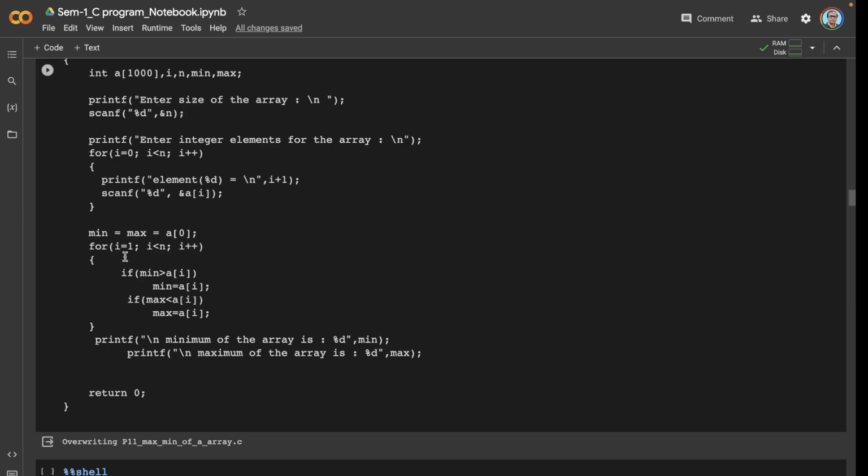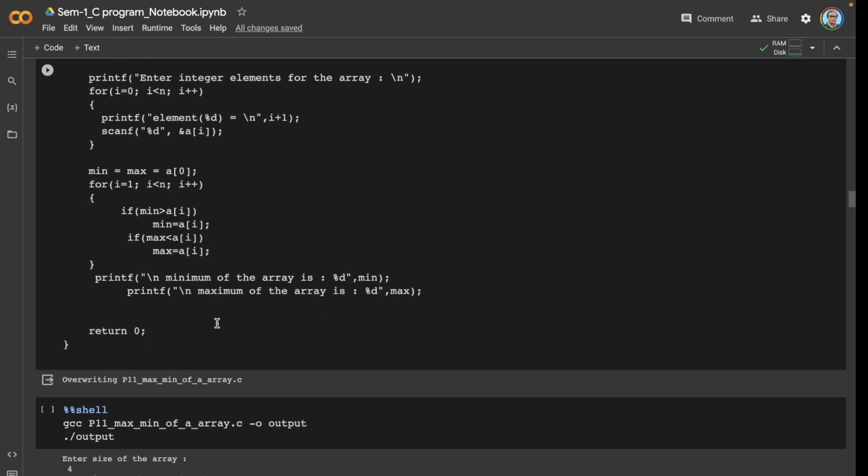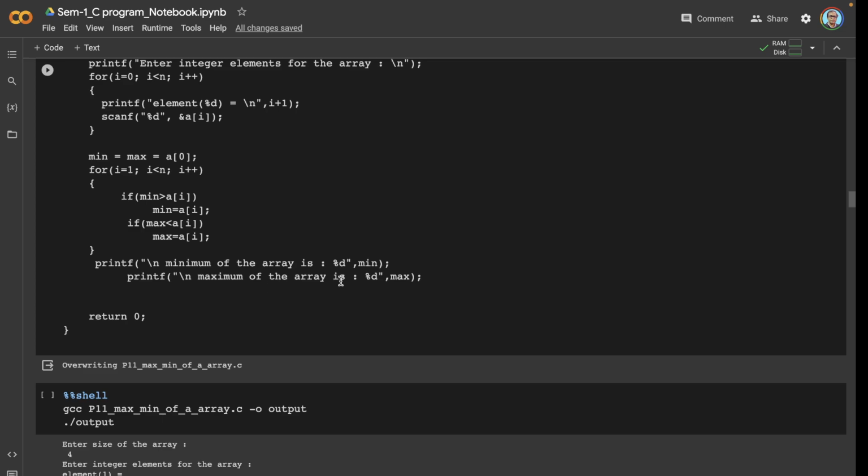Next, for i equal to 2, i plus plus: now minimum is A1 and this is A2. If A1 is greater than A2, minimum is A2. And maximum is A1; if A1 is less than A2, maximum is A2. In this way, we get the maximum value stored in the max variable and the minimum value stored in the min variable.